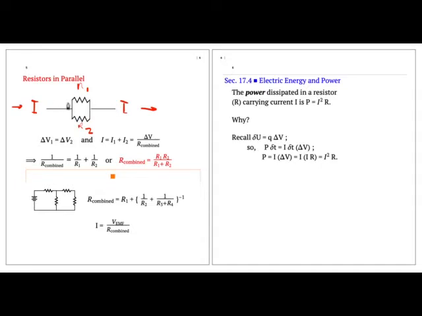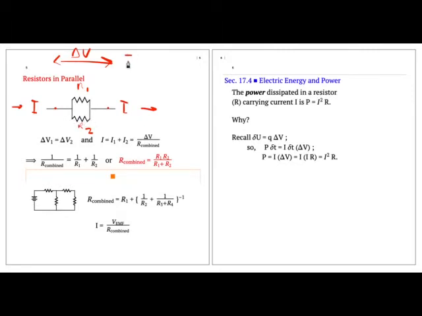There's something which is constant when you have resistors in parallel, and that's the potential across the resistors. So from here to here, the potential difference is delta V. From this point to this point, the potential difference is delta V. And that's the potential difference across this resistor, and it's also the potential difference across this resistor.